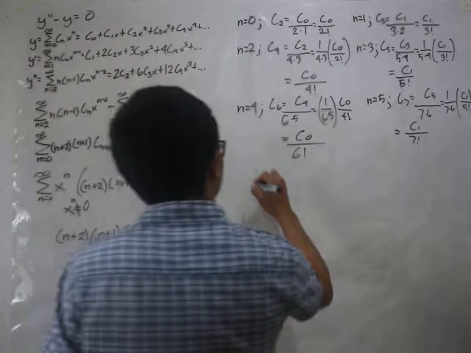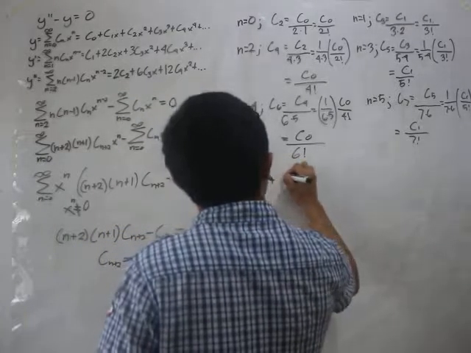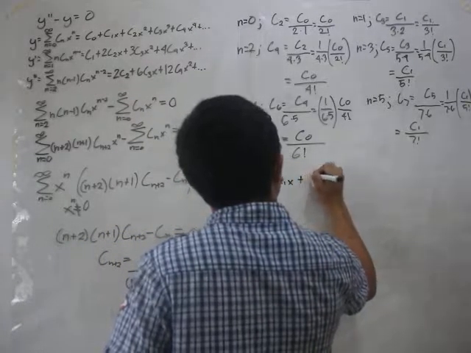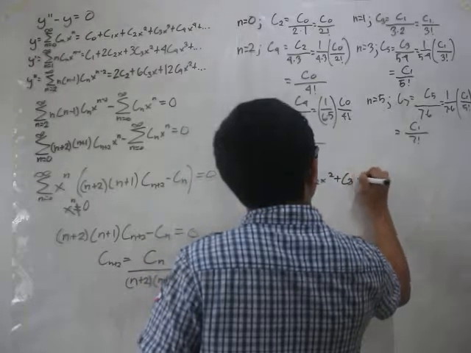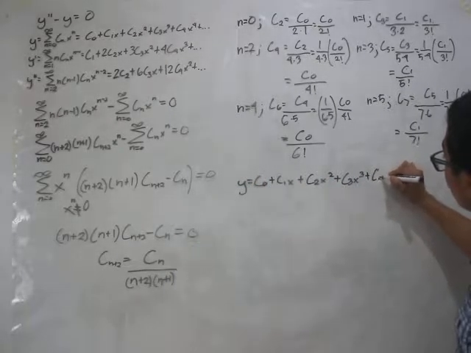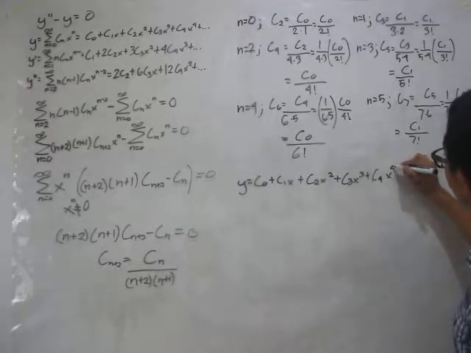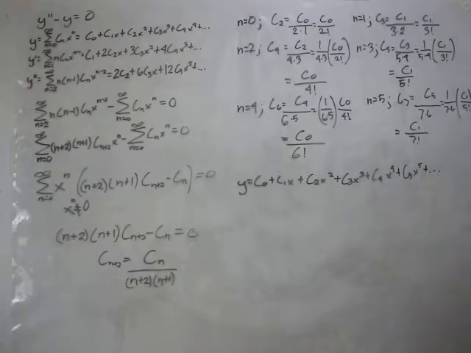It's y. So our y is c0 plus c1 x plus c2 x squared plus c3 x cubed plus c4 x to the fourth plus c5 x to the fifth and so on.